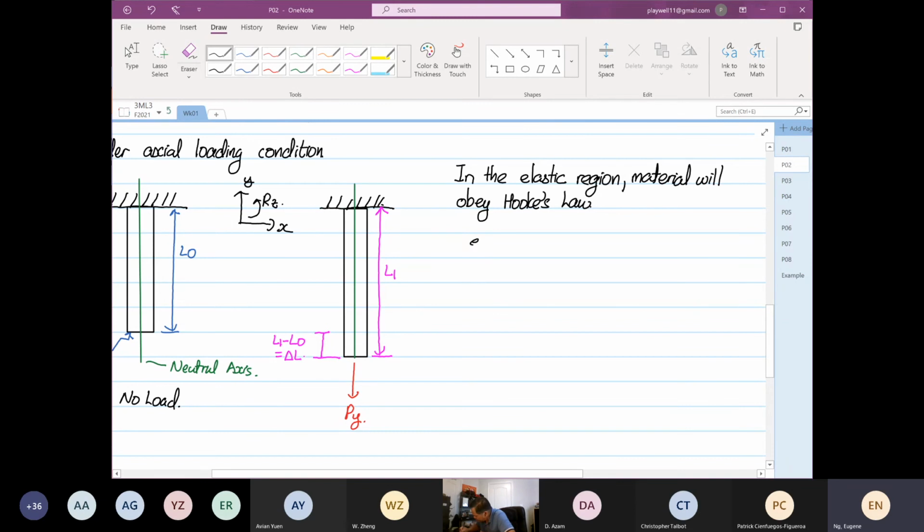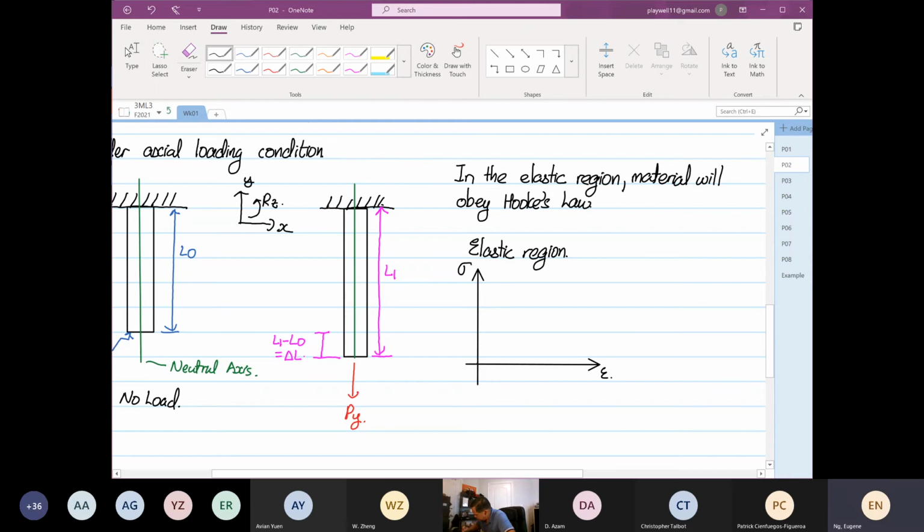So if we were to focus on the elastic region now, the stress strain curve, right?